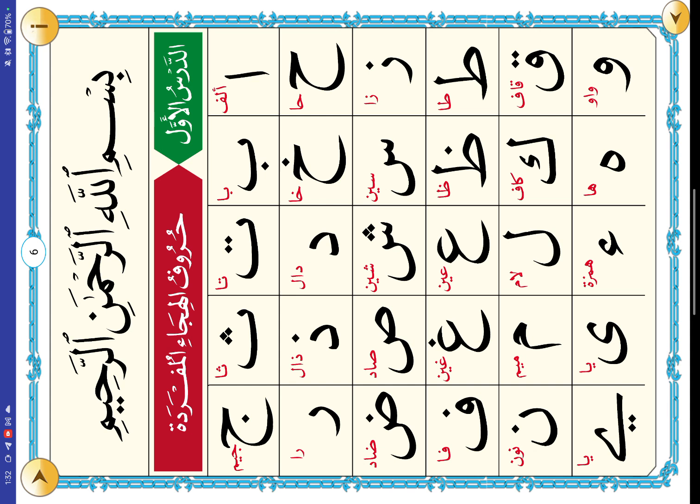For example here, I go and press the letter Fa, right? Kaf, Lam, Mim, Noon, Waw, Ha, Hamza, Ya. Right? And that was just for the first page.